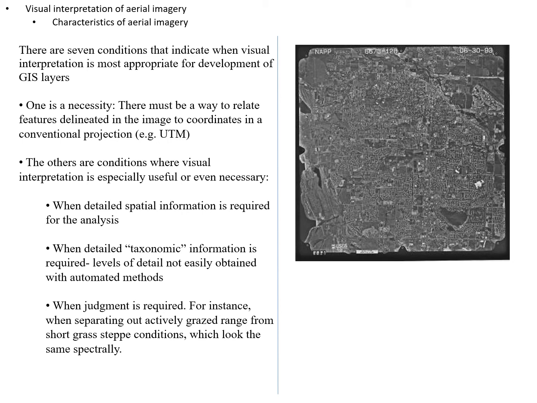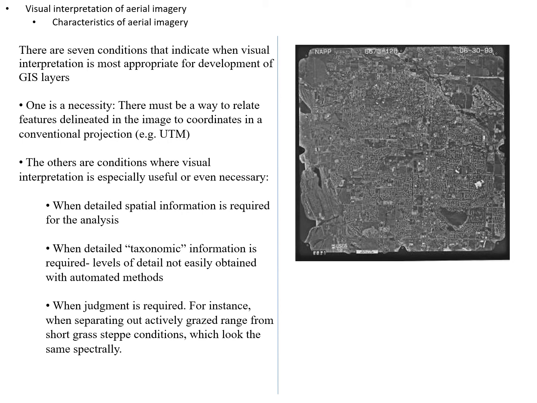The others are conditions when visual interpretation is especially useful or necessary. So when you need detailed spatial information for the analysis, and what I mean there is, when you need to be able to get a detailed level of information for the objects that you're identifying. That would be one area where this is especially useful. For instance, go back to the stand mapping approach for Pingree Park.